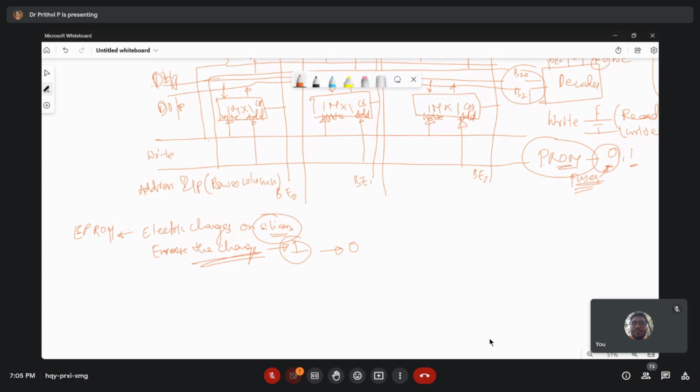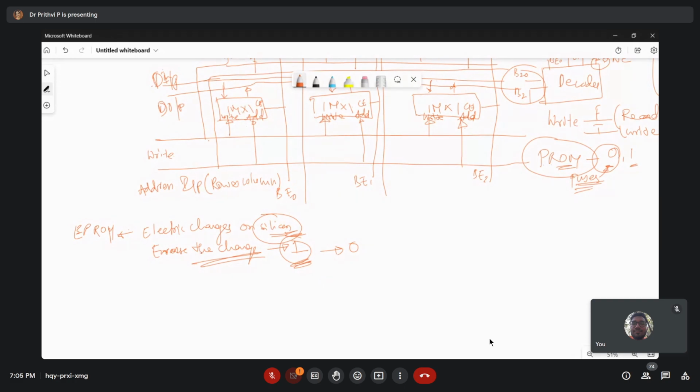After this high voltage is removed, the trapped charges will remain there until you program it again. If you erase, then again you can make the bit value 1.